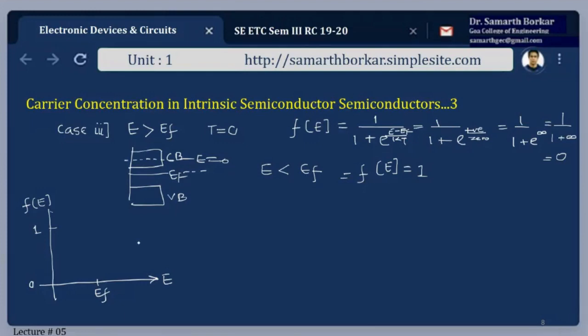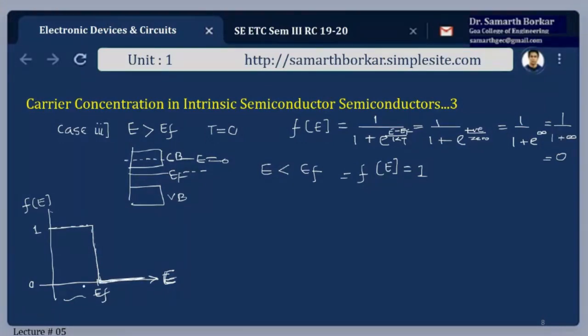Now, when the energy is less than EF, the probability of finding electrons is 1. If the value of E is greater than EF, then the probability of finding electrons is 0.